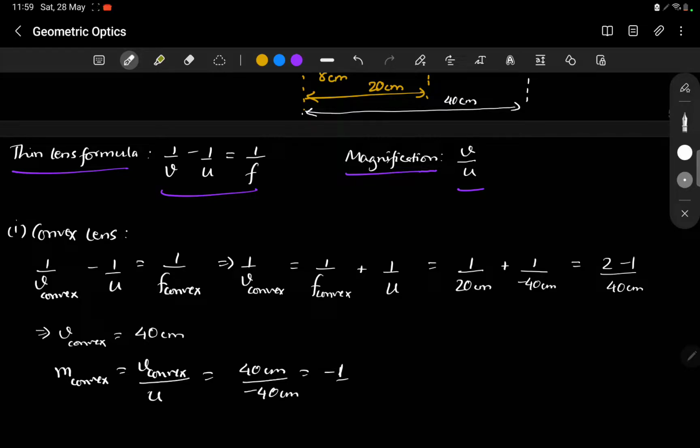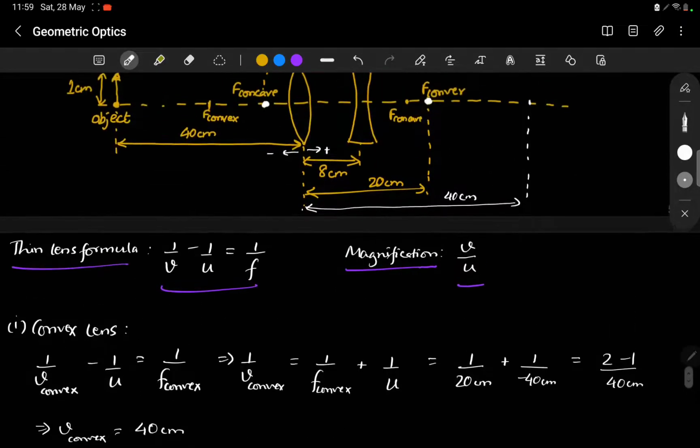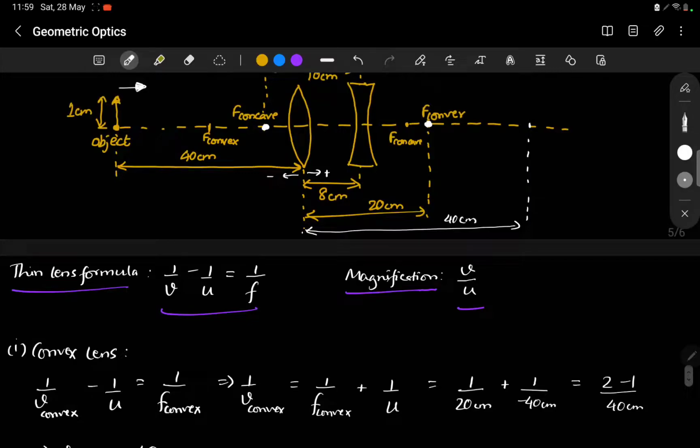This means that the image has the same size but it is inverted. So this location was our V convex, and image is of the same size but inverted. So this height right here is 1 centimeter, but it is inverted.